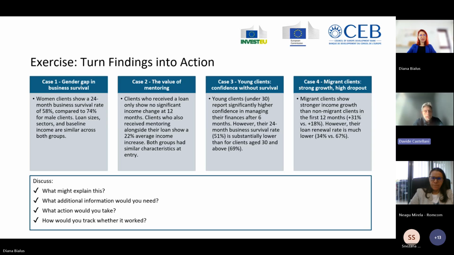And how would you track whether it works or not? Here you already have some indicators, but maybe you want to add others that might be useful to track whether your changes are making some impact. Okay.